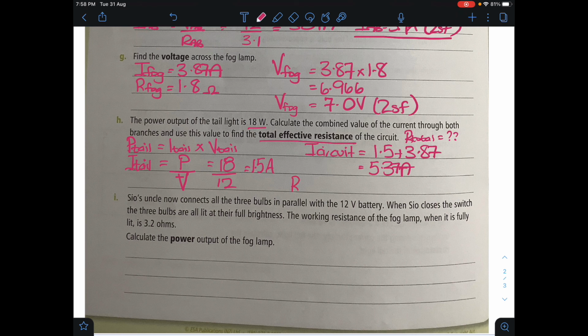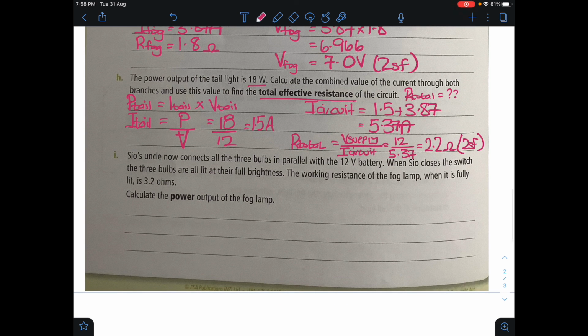And then the total resistance of the circuit, so I'm running out of space here, is supply voltage, which is your 12, divided by the circuit current, which is 12 divided by 5.37, which comes out at 2.2 ohms to 2 significant figures. Hope that makes sense. That's quite a lot of work in there. That would be getting up towards an excellence question.